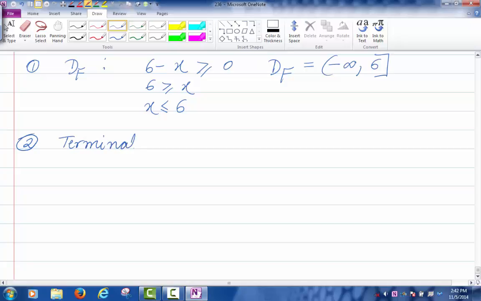And here you will also know whether you have any horizontal asymptotes or vertical asymptotes. So do I have any horizontal or vertical asymptotes? We'll also know that in this step.